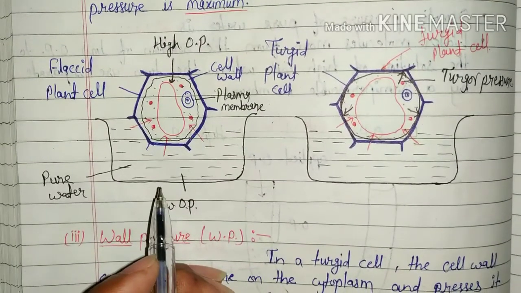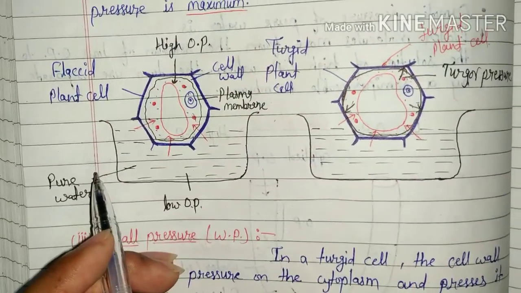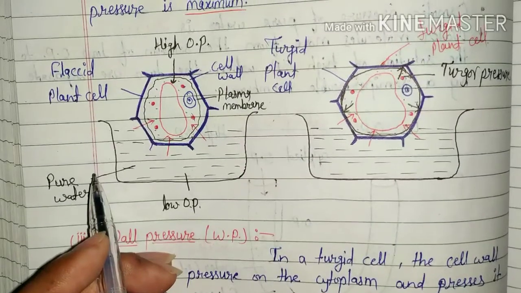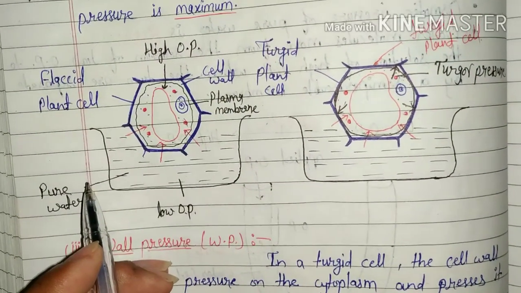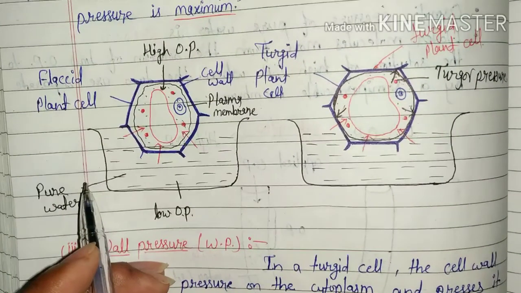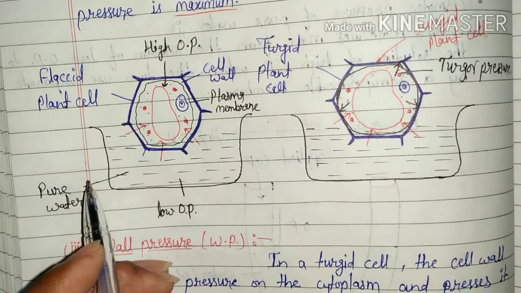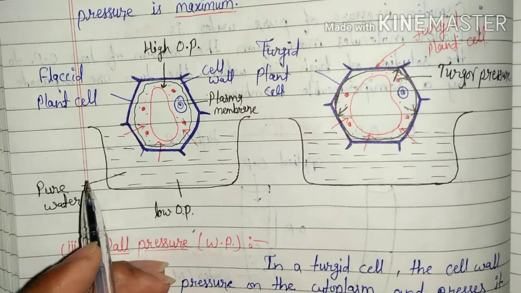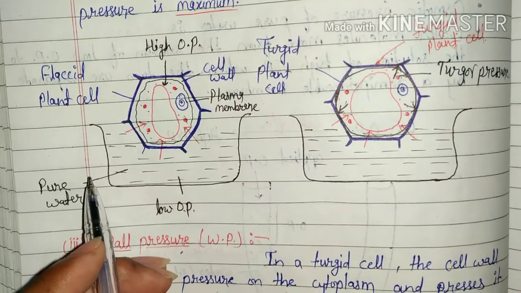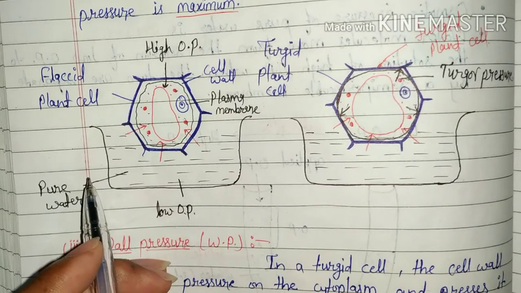Now, significance of turgor pressure. First, the protoplast of the cell is attached to the cell wall due to turgidity of the cell, and the cell is in a stressed condition. So, it maintains the normal shape of the cell in which physiological processes are going on.